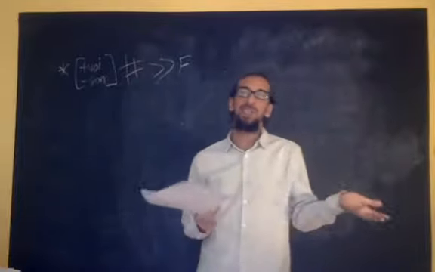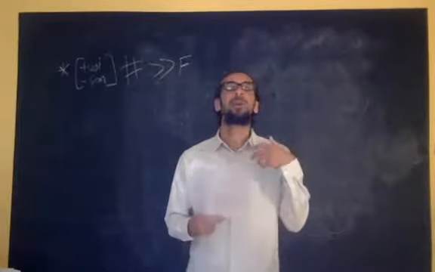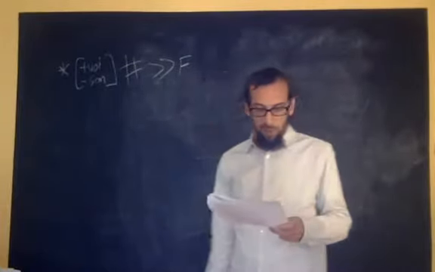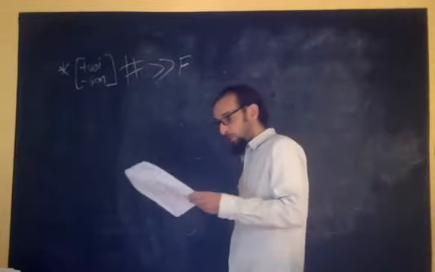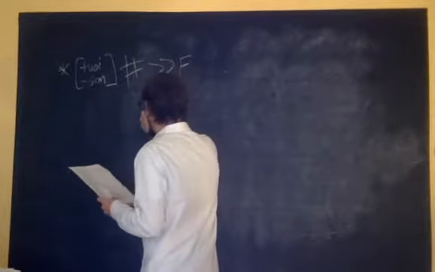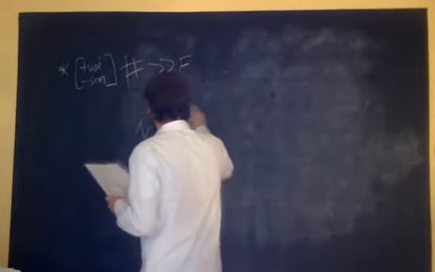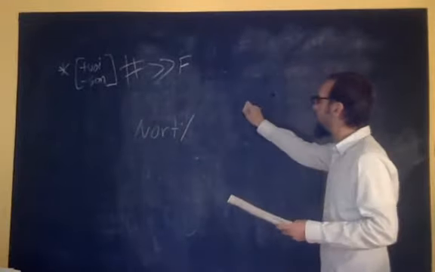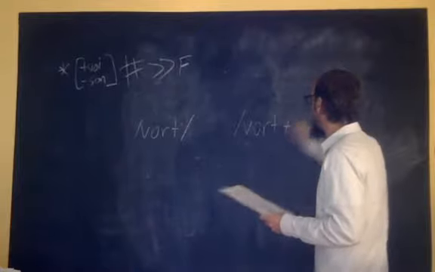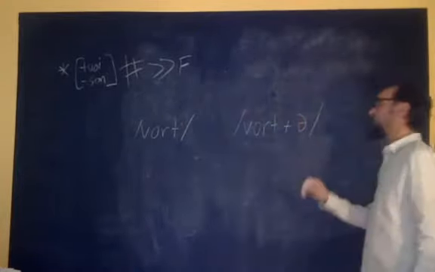If we don't see different surface forms, if it's always the same surface form, then we're going to assume that that's also the underlying representation. So what we have here is a bunch of words like Wort, and then those same words with a schwa, the plural suffix, following them.